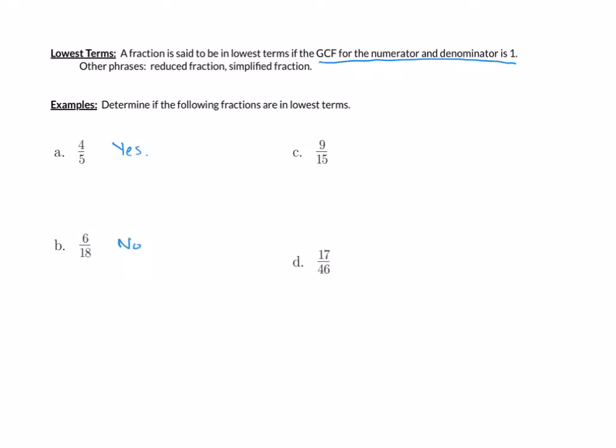The answer is no. We have a common factor. And it doesn't matter what you list, there's actually several. You can say 2, 3, or 6. 6 and 18 are both divisible by these numbers.